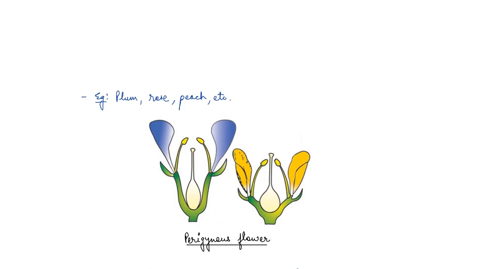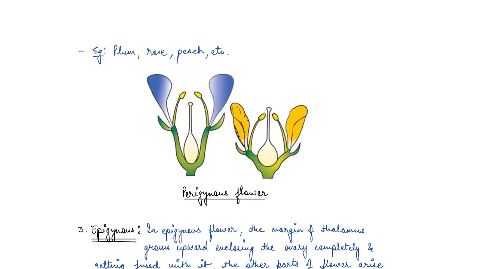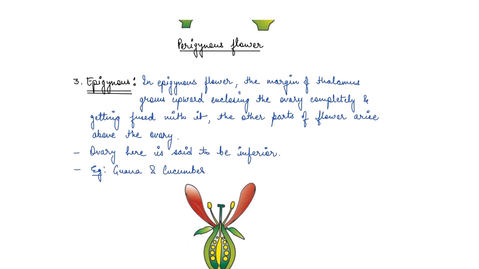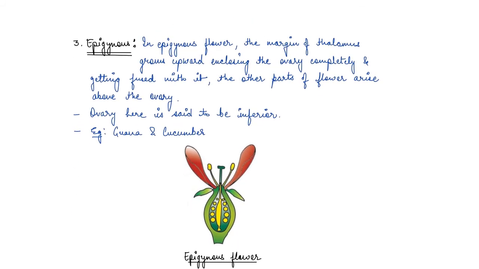Okay. Now the third is epigynous flower. In epigynous flower, remember that the margin of the thalamus grows upward, enclosing the ovary completely, and it gets fused with it, right? And the other parts of the flower arise above the ovary, right?